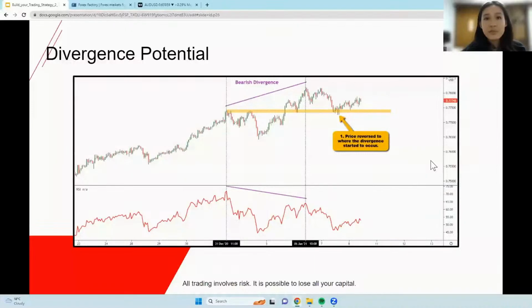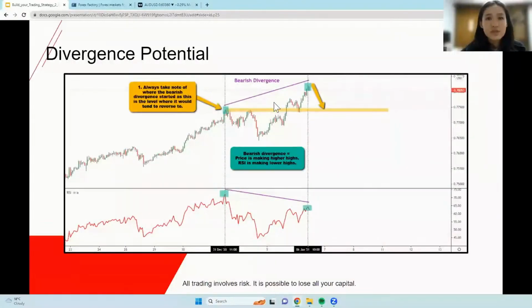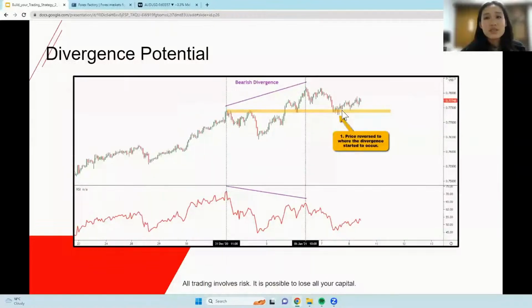That's what an overlap level is. So you can expect price to come back down and react off of it again. You can see price did reverse off of it.